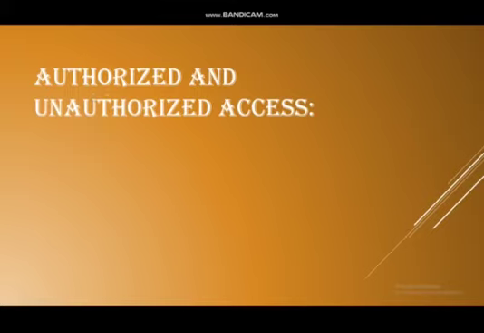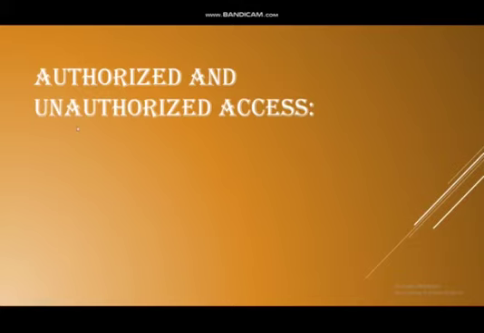The next topic is authorized and unauthorized access. What is authorized and unauthorized access? When a person is authenticated, when a person is identified by username, password, biometrics, PIN, card, he is allowed to use or access the computer, so that is known as authorized access.